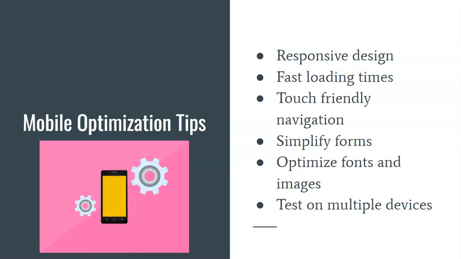The next thing is simplifying your forms. Like we talked about, every website should have a couple of forms depending on what the objective is, but you have to keep your forms short and straightforward. Use autofill features to minimize the number of fields and make it easier for mobile users to complete them.